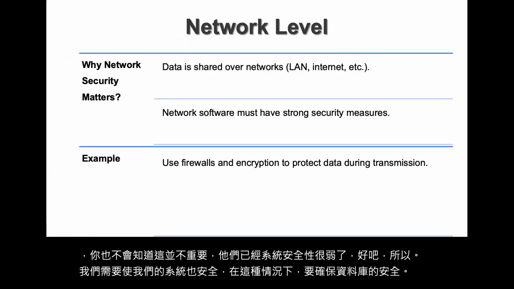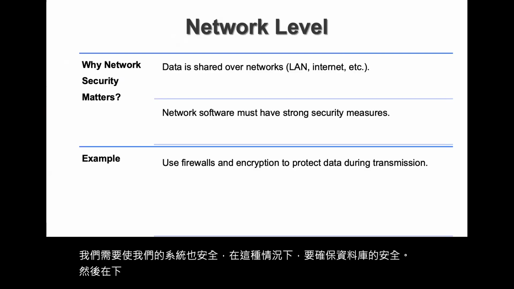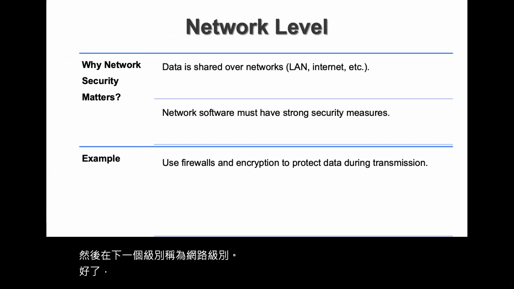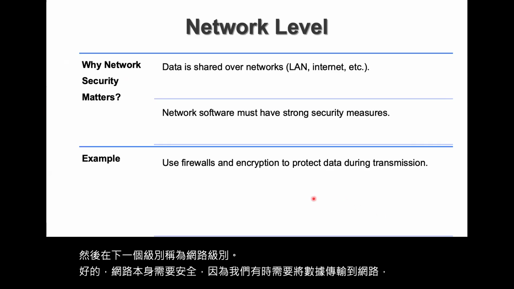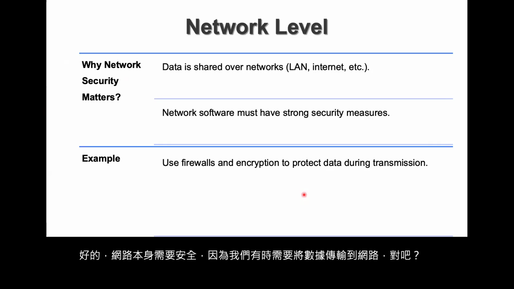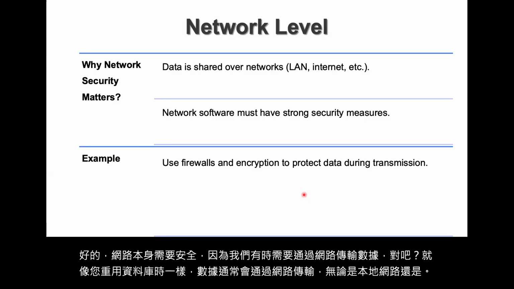And then the next level is called the network level. The network itself needs to be secure because we sometimes need to transfer data through networks, right? When we use the database, the data often travels over networks, whether local networks or the public internet.